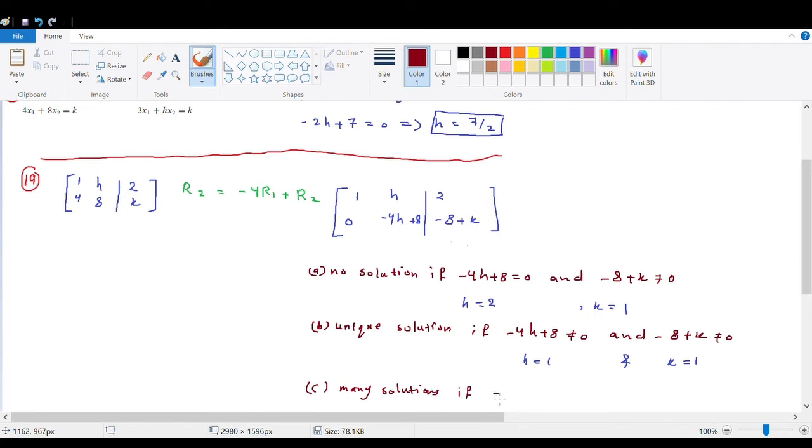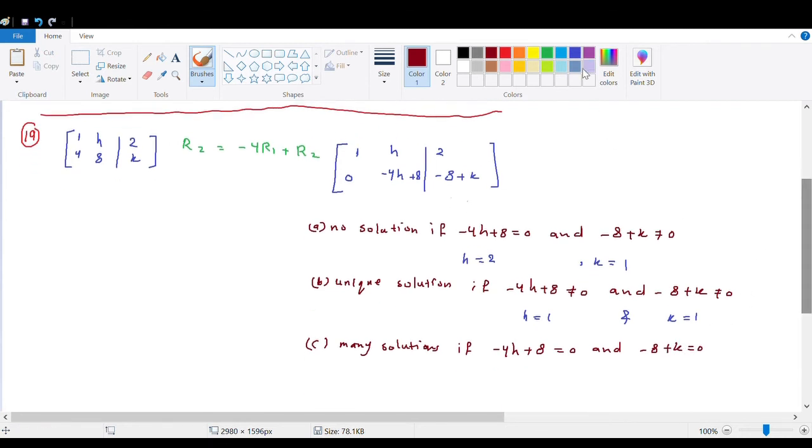So if minus 4h plus 8 is equal to 0 and minus 8 plus k is equal to 0. That's here if we have h is equal to 2 and if k is equal 8. That means here we have 0 and 0, so we have a free variable and we have infinitely many solutions.